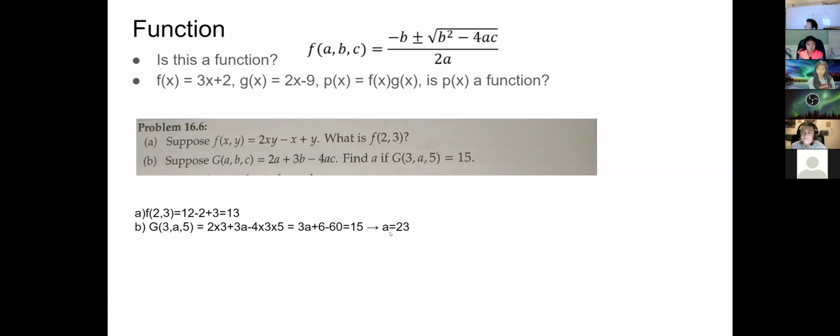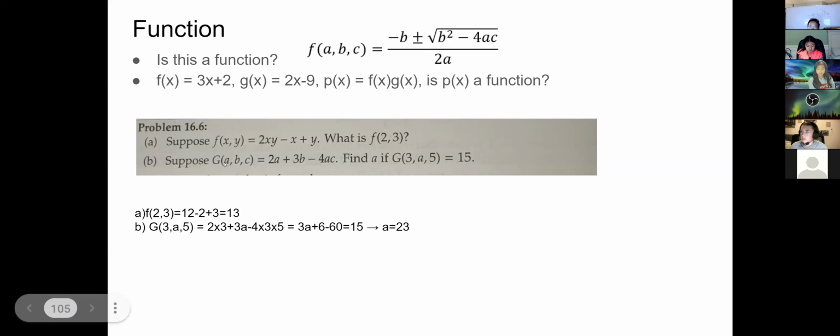Okay, I got a lot of good answers. Any question? One more glance on the B. Remember, abc are the 3 variables, in the same order as 3a5.